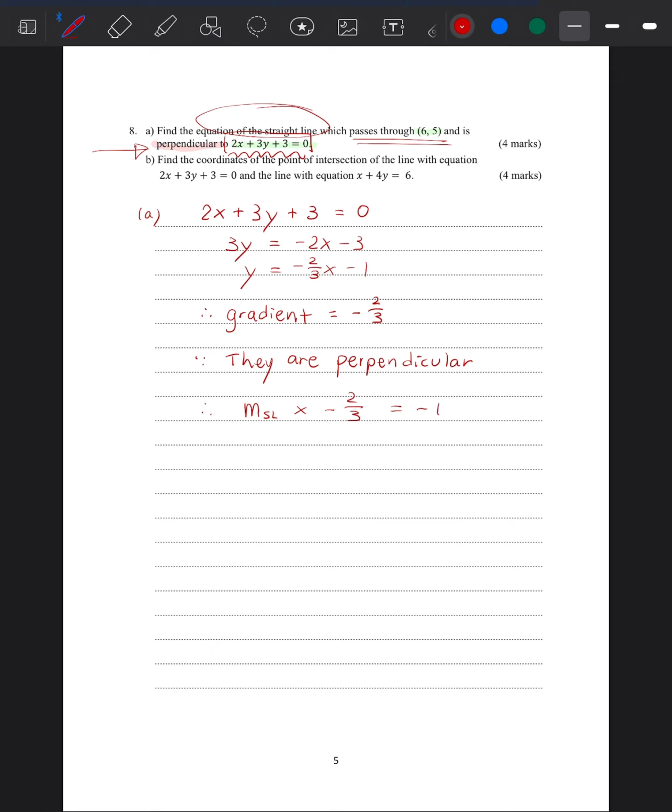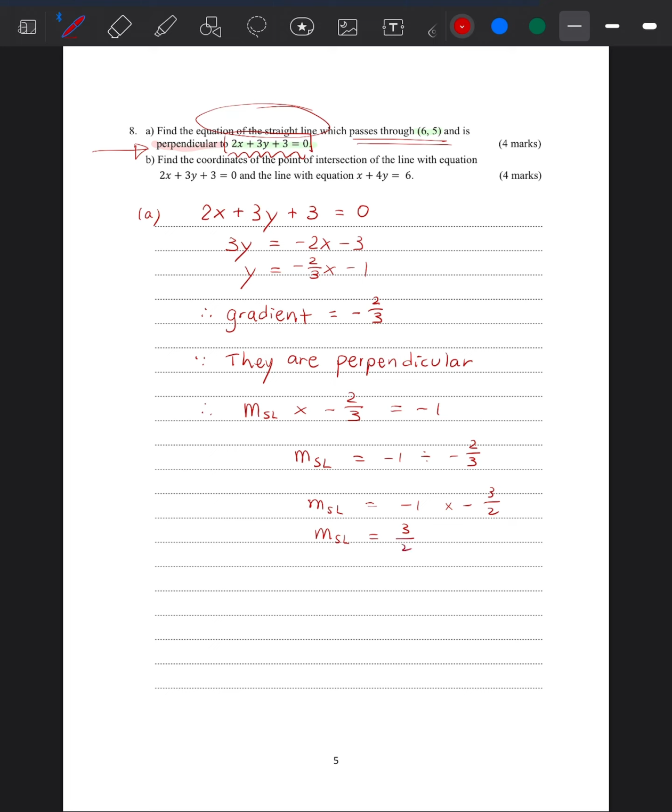So because it's perpendicular, two gradients times together give you -1. So then you will have your straight line gradient, and it will be 3 over 2.